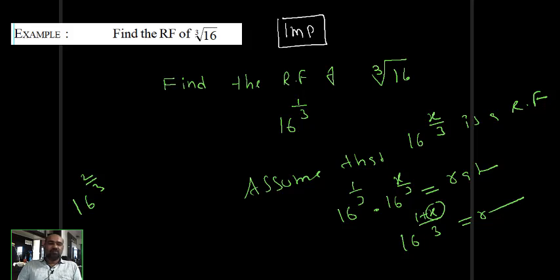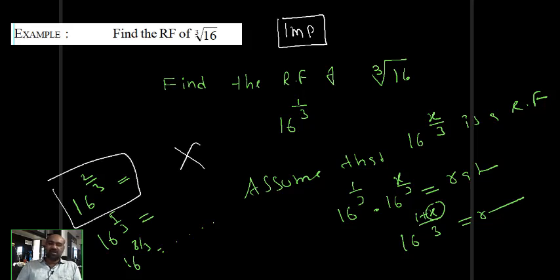Then 16 power 2 by 3 is an RF. 16 power 5 by 3 is an RF. 16 power 8 by 3 is an RF. So on, infinitely many exist. Here we will get one confusion, a wrong conclusion, that they will say this is the simplest RF, but that is not correct. Than this, one more simplest RF exists, that I will show you.